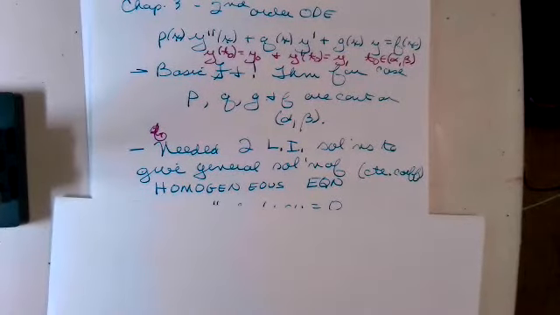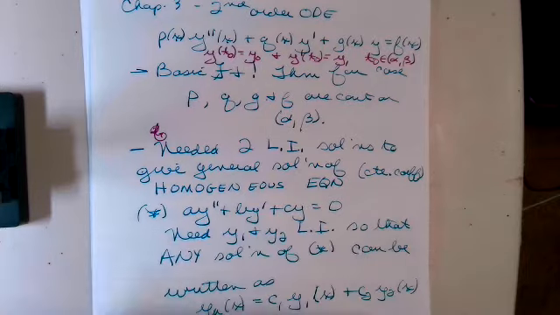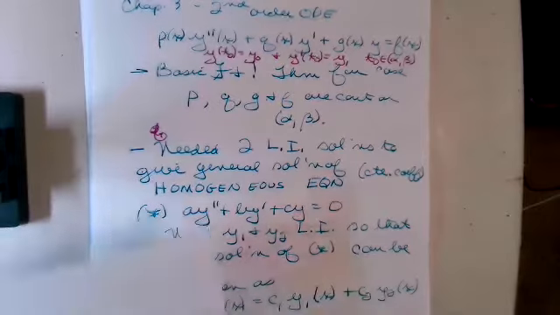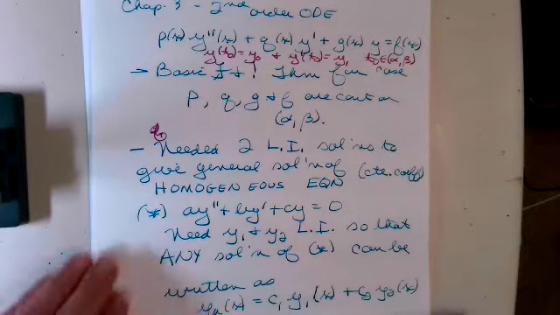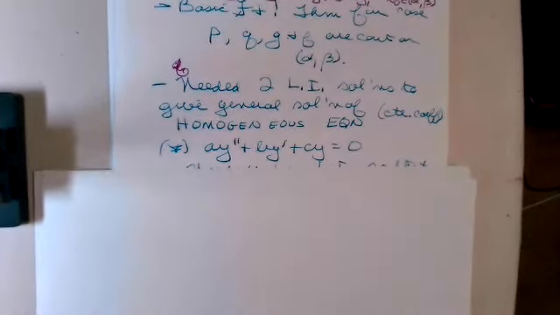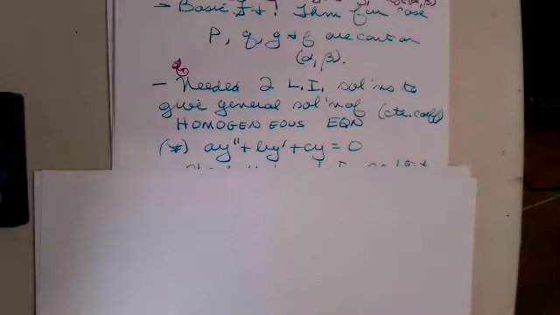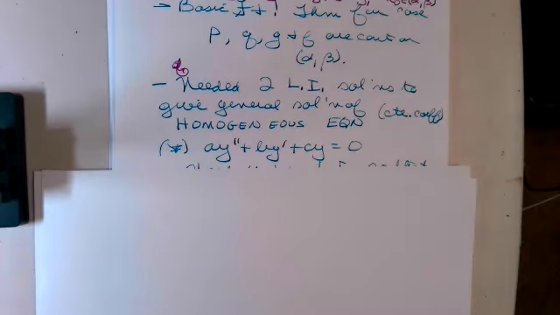So for a second order equation, we needed two linearly independent solutions. And then we went on to study the homogeneous equation with constant coefficients. Actually, that's the first one where we started to actually write down the solutions of the equation.